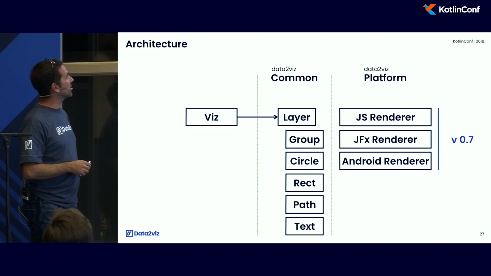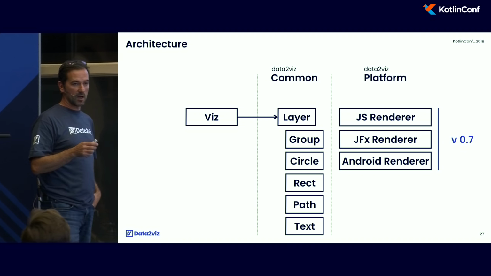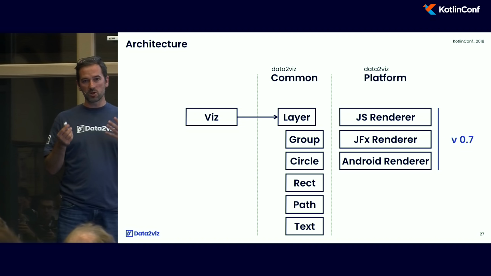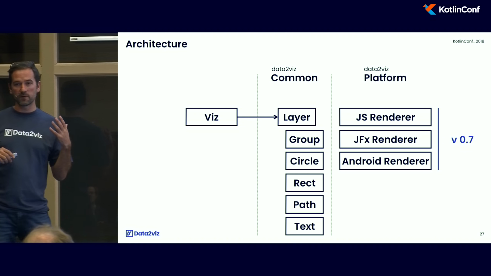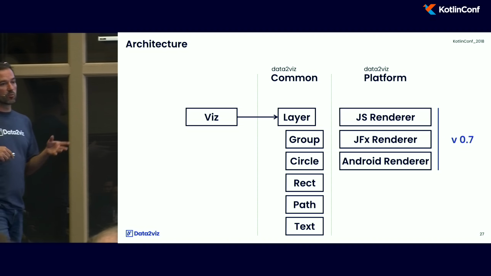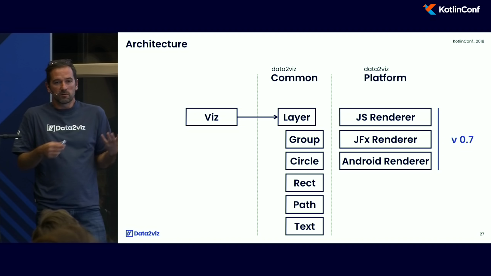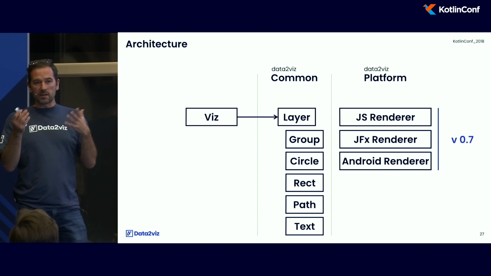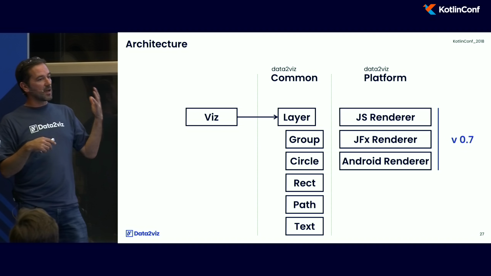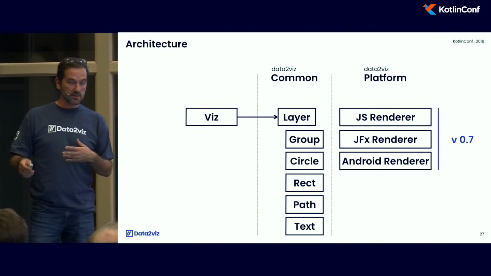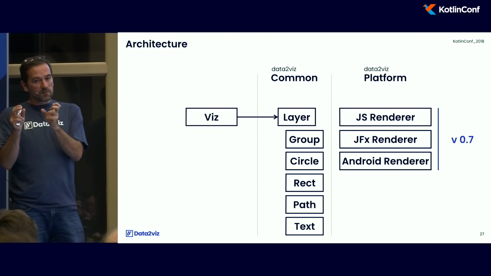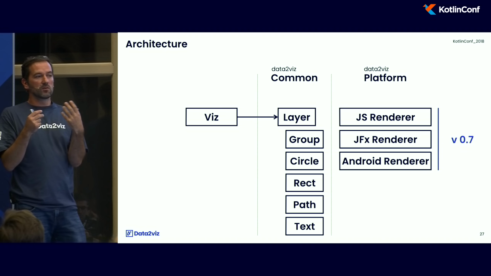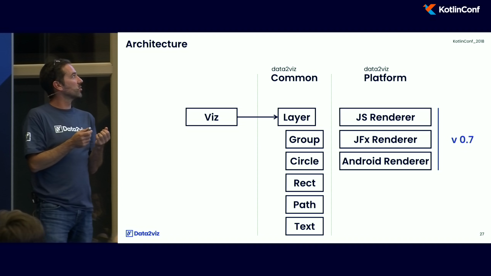What is interesting is that now we have something that is much easier to understand. I mean, we have a root object which is a visualization, a viz, and then a viz has at least one layer, and it has group, circle, rectangle, path, text, etc. But with these very small basic objects, you can do all the visualizations you want.